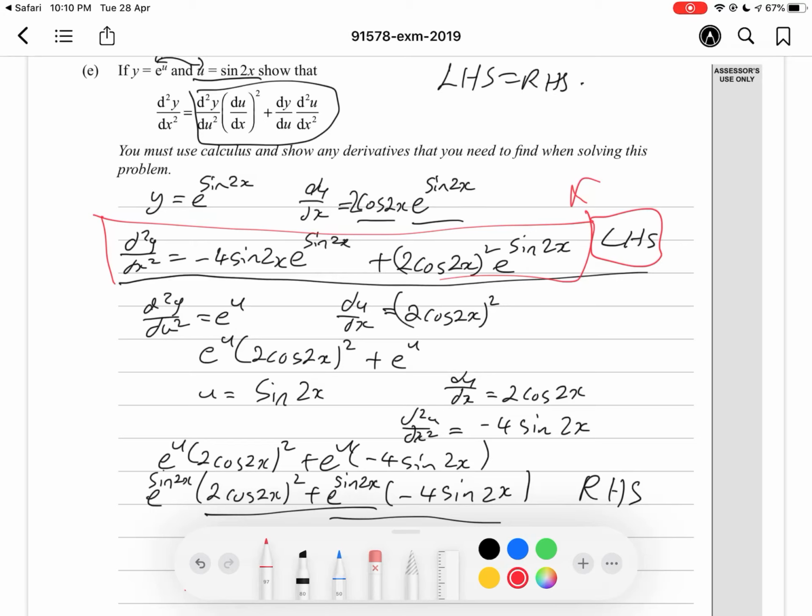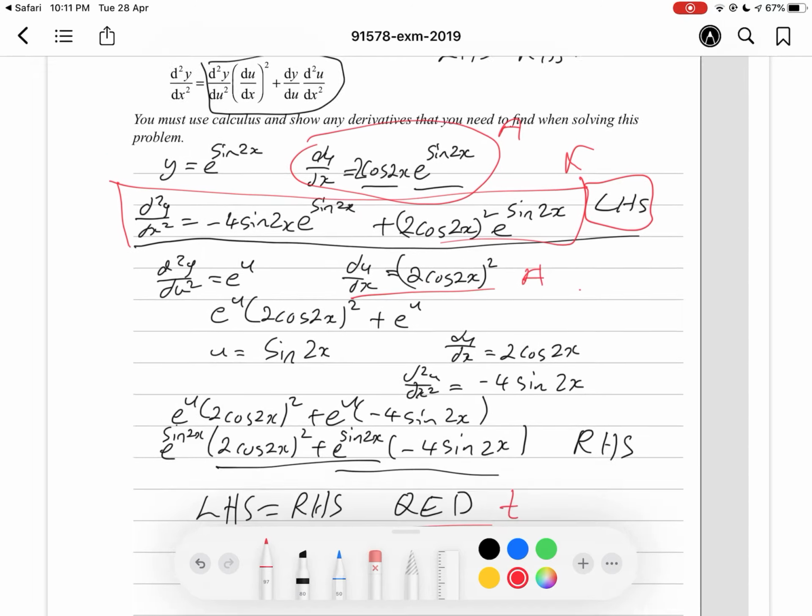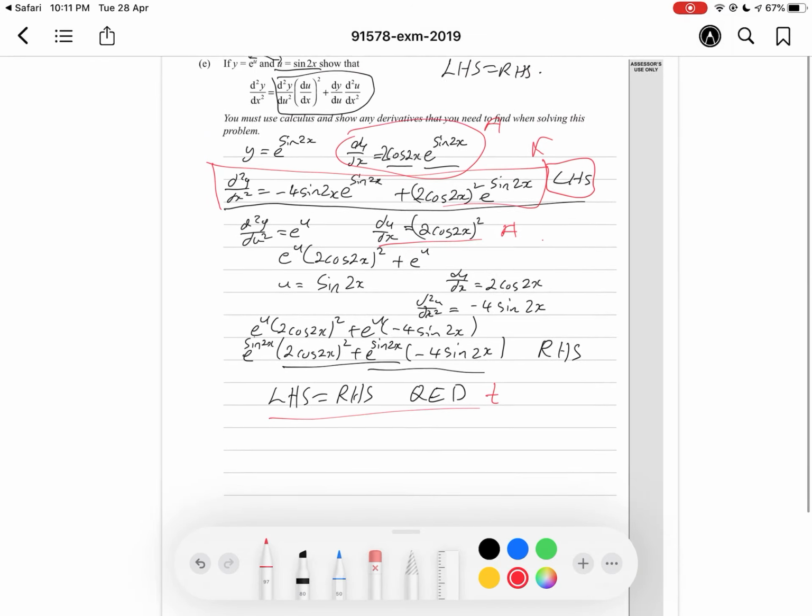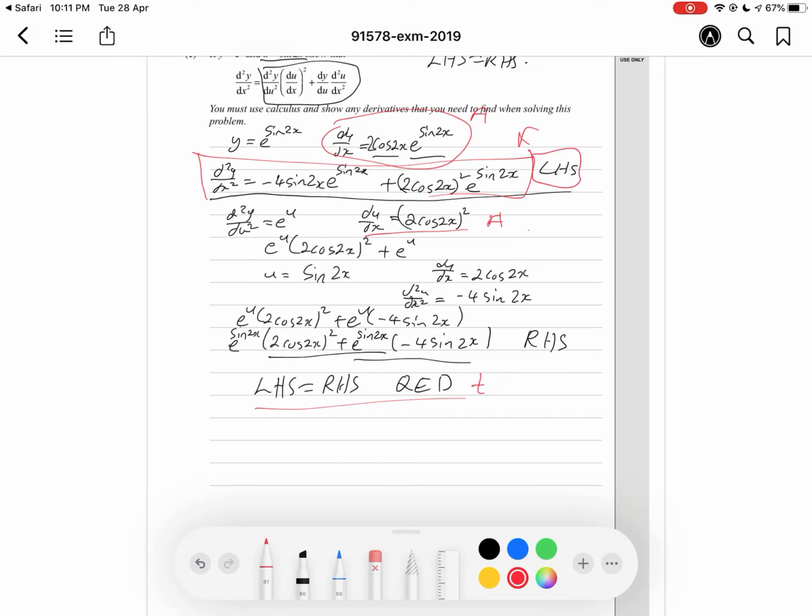And to get an achieved, if you can find dy over dx, that's here, that's an achieved, or du over dx. Or you can find du over dx here. That's also an achieved.